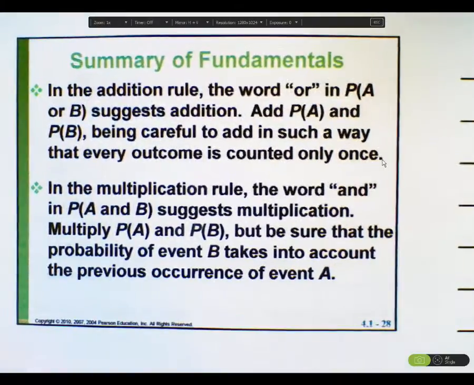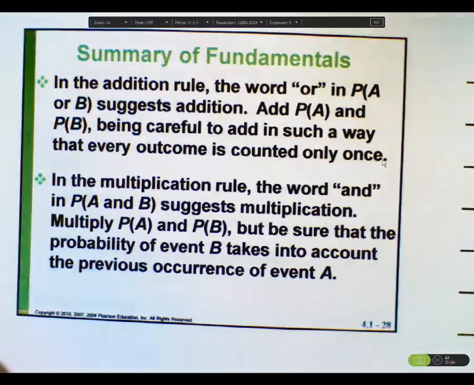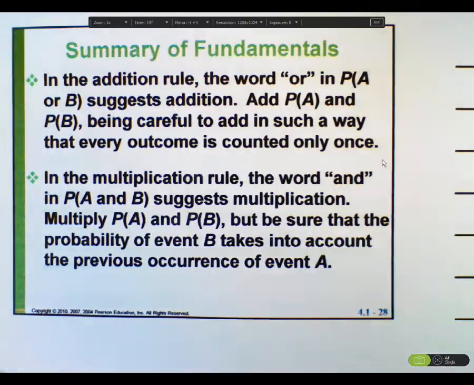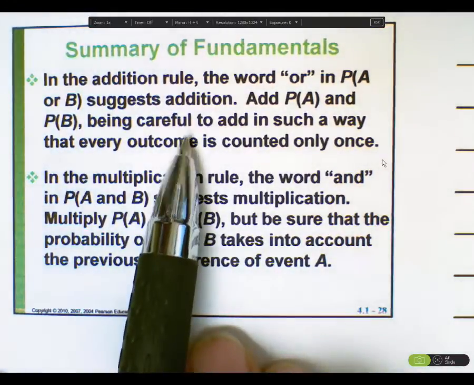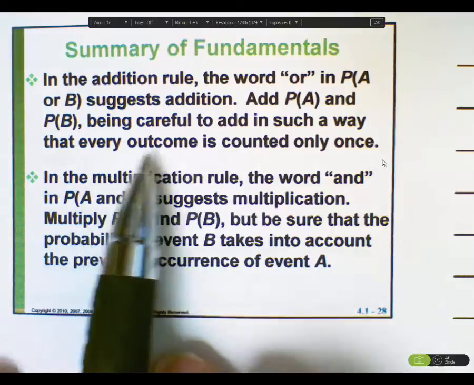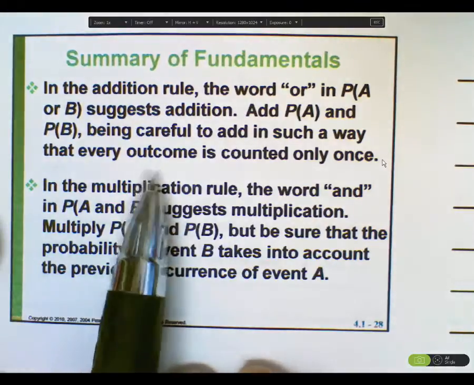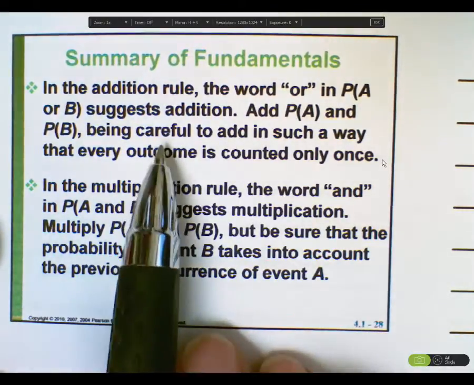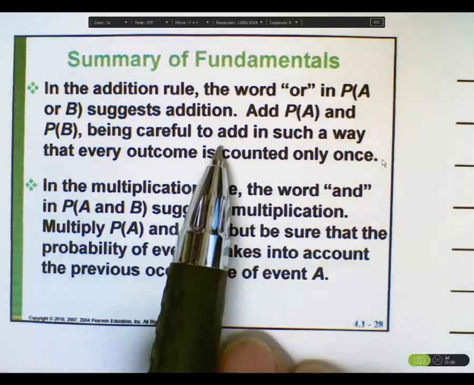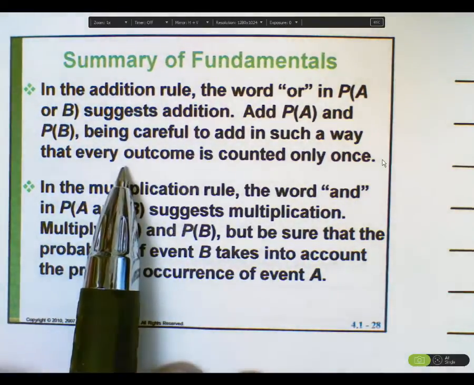All right, just to sum up what we've talked about, when I'm looking for the probability of A or B, or tells me to add, but I just have to be careful to come up with a total in which every outcome is only counted once. If I want the probability of brown eyes and then the probability of brown hair, then I can't count the brown hair, brown eyed people twice.